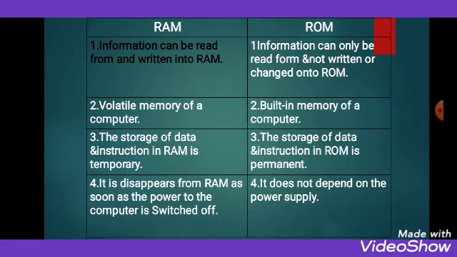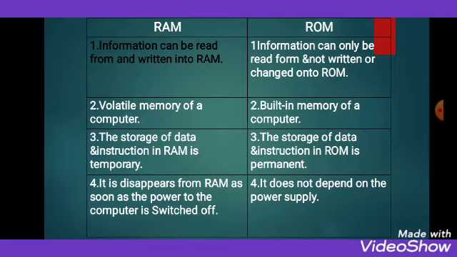That means you can read but not write. Whenever you save information in the ROM, it cannot be changed easily. RAM is the volatile memory of a computer, that means volatile, liquid memory you can say, whereas ROM is the built-in memory of a computer.